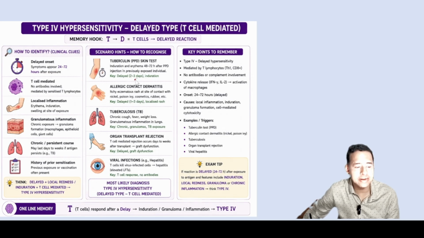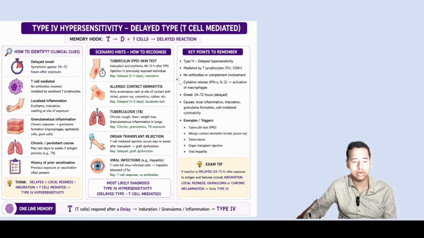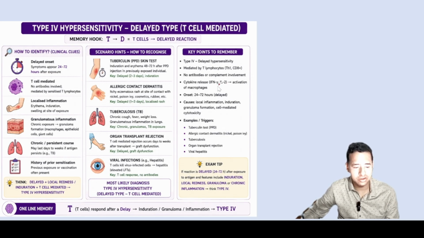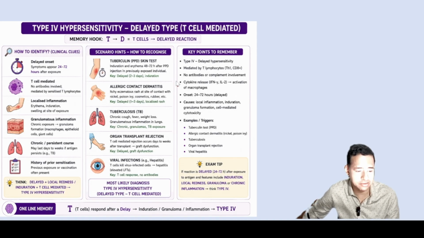So here you have to know onset is 24 to 72 hours from the exposure. Allergic contact dermatitis: an itchy eczematous rash at the site of contact with nickel, poison ivy, cosmetics, rubber, etc. Delayed is 1 to 3 days, and localized rashes.